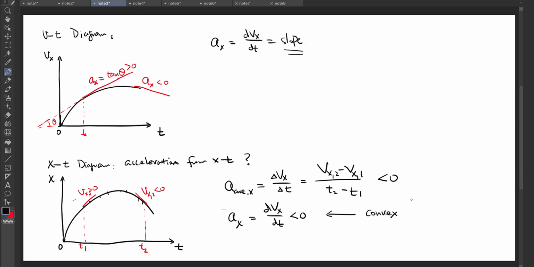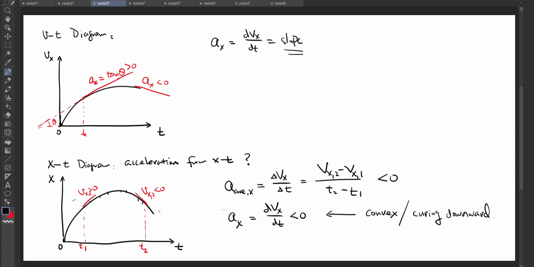And you can also say it's curving downward, right? The whole curve here, the whole time interval here, the curve is curving downward. Then we have the property that the acceleration inside this convex curve is always negative.